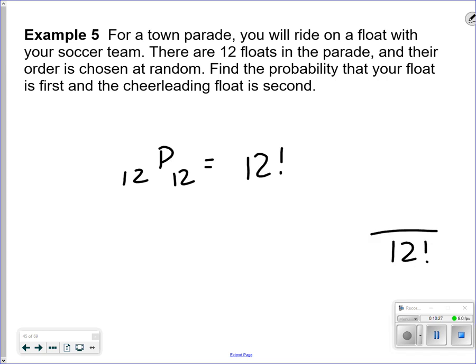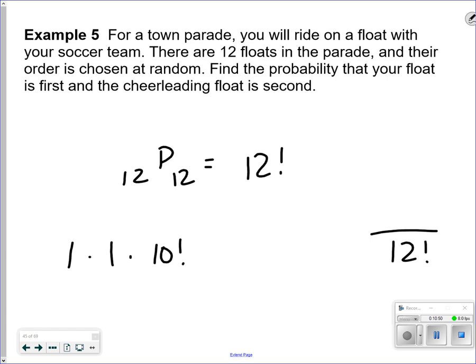So I'm going to have to pull out a calculator here, or we'll just leave it as 12 factorial for right now. Now, probability is successful items over total. So this is the total number of different ways that you can arrange 12 different floats. With that being said, how many is success? Well, the float that I am on is going to be first, and the cheerleading float is going to be second, and then you can arrange the rest of the floats in any order.